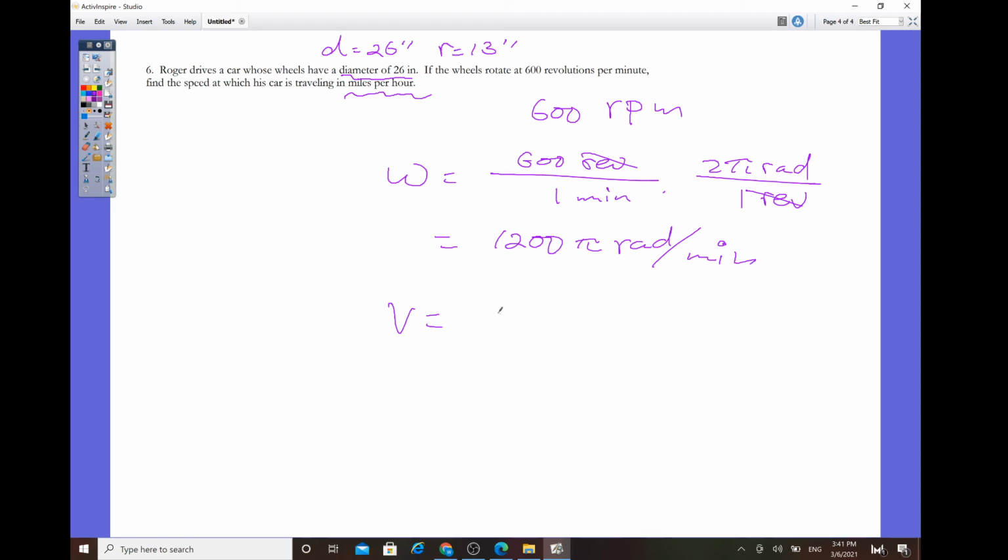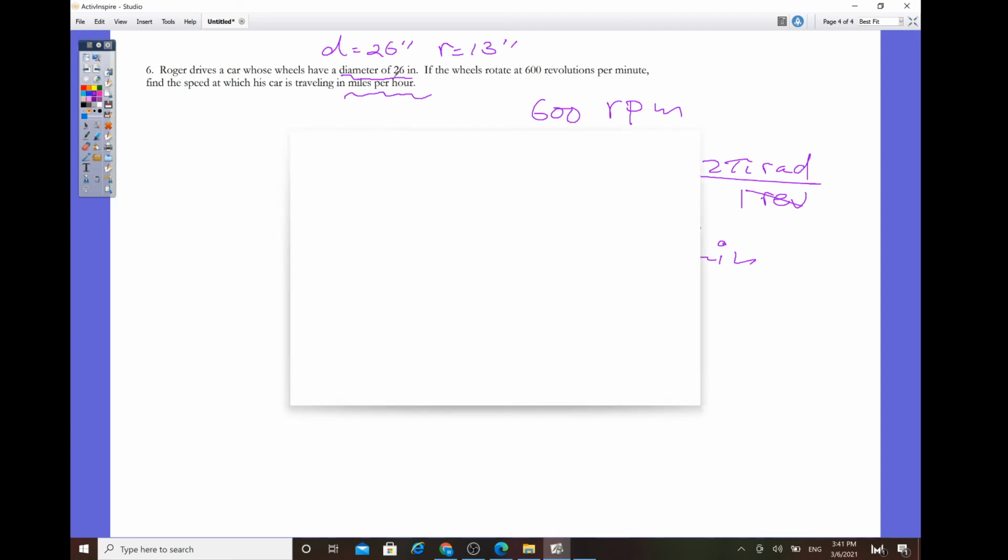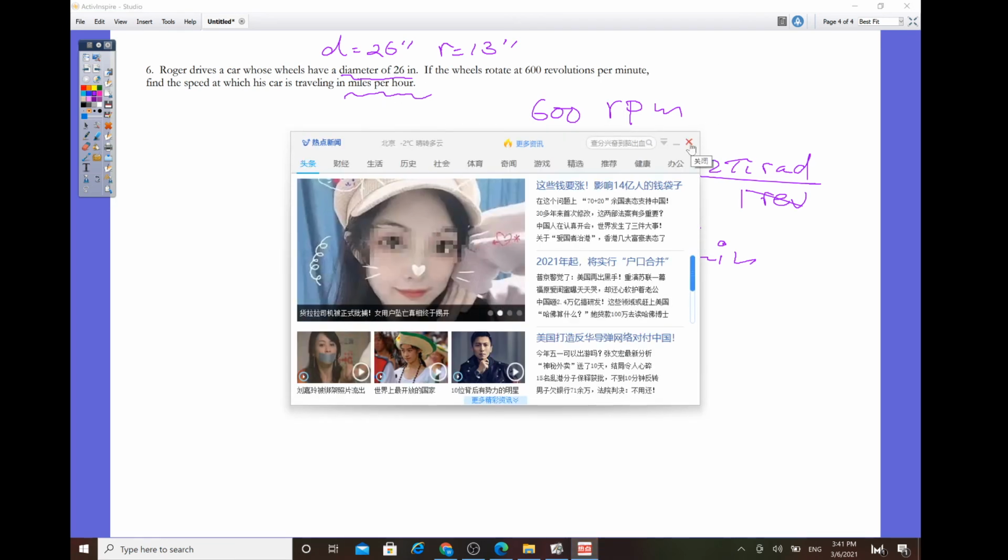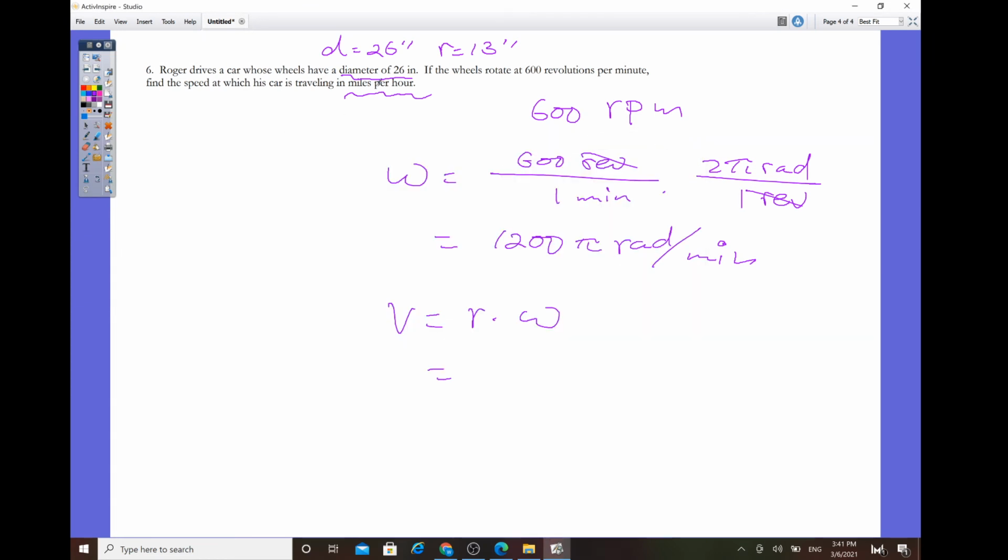We know that v equals r times w. The radius is 13, since 26 inches is just the diameter. So 13 times w, 1,200 pi radians over 1 minute.